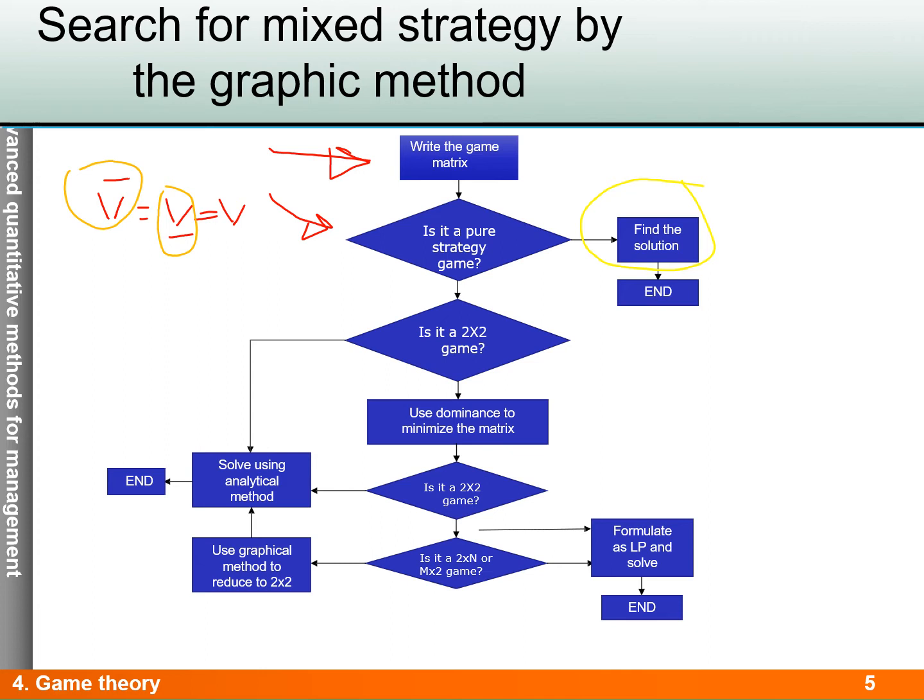But if the answer is no, I want to check the size of the game.